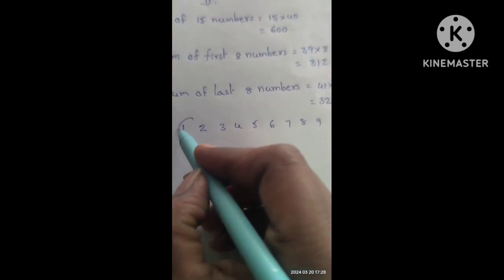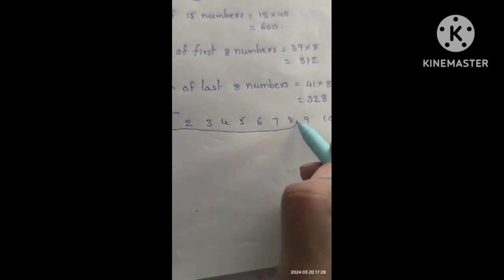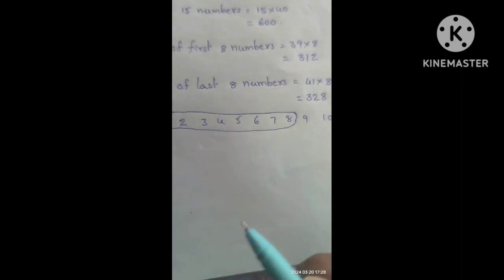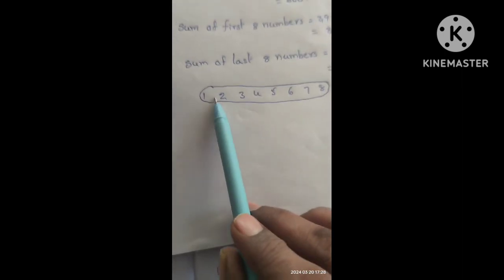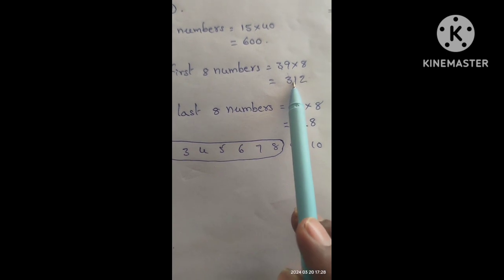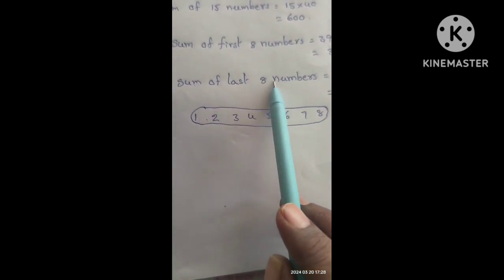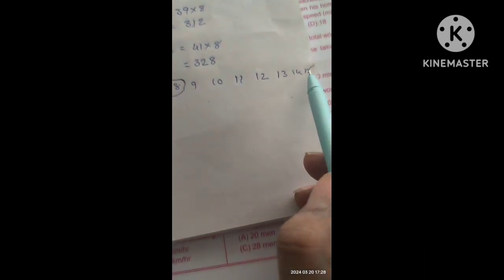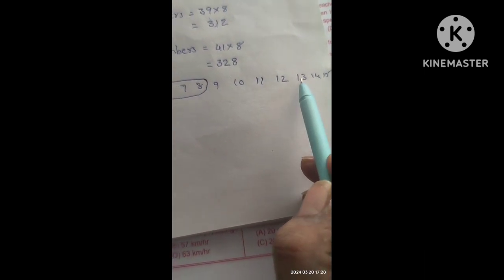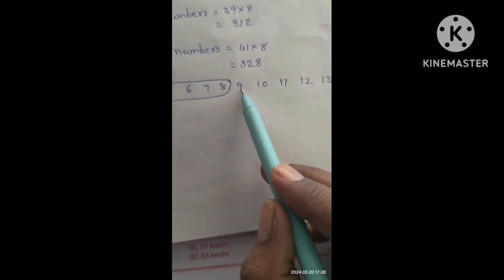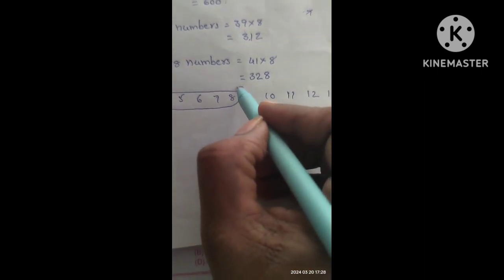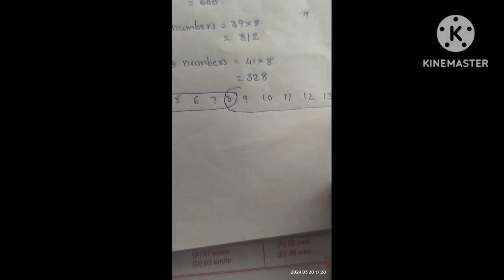Means he calculated average of first 8 numbers. And next, by adding this all, you will get 312. And next, we calculated sum of last 8 numbers. Last 8 numbers means 8, 9, 10, 11, 12, 13, 14, 15. Means this one we calculated.